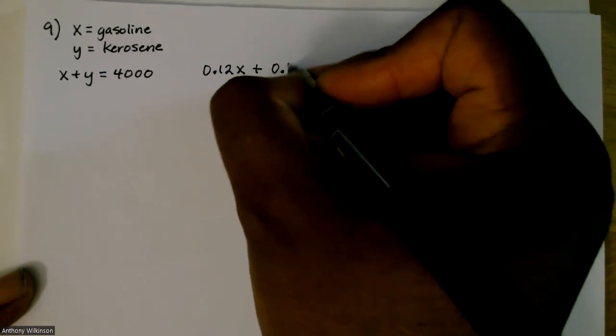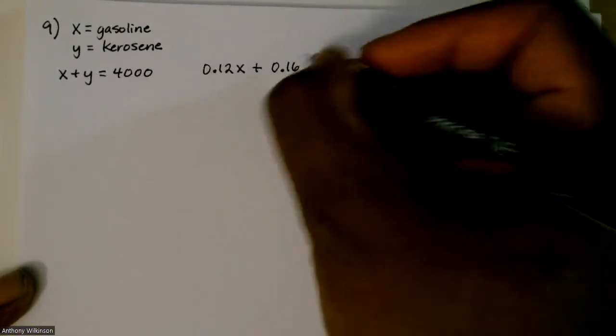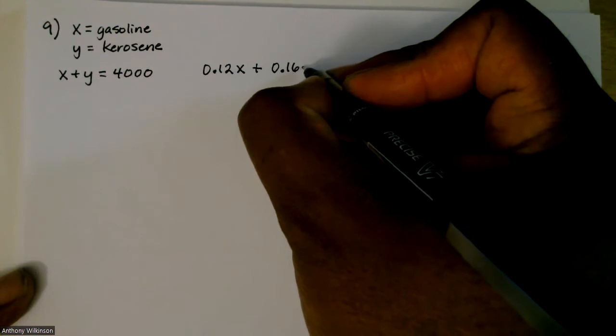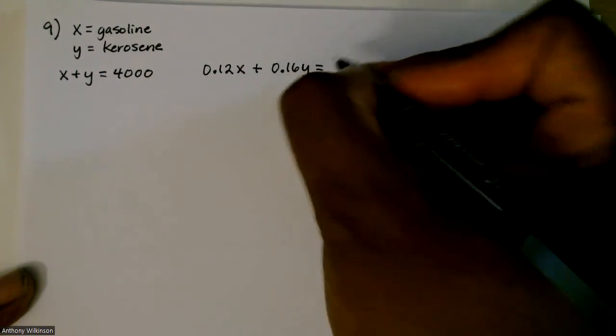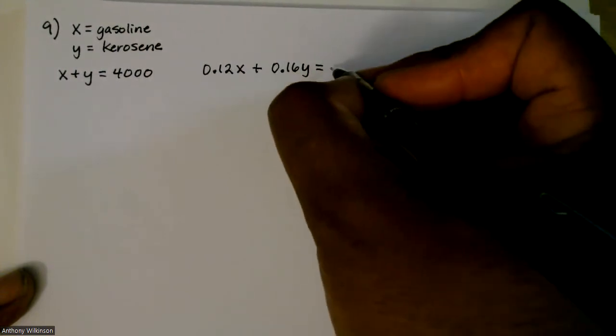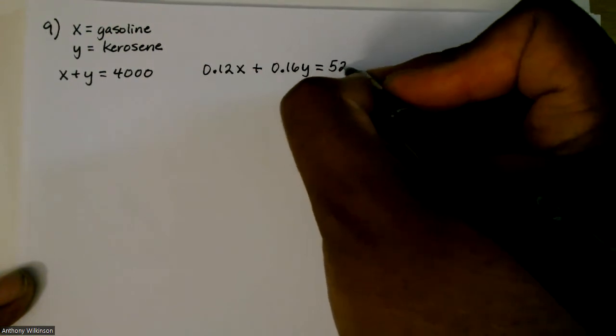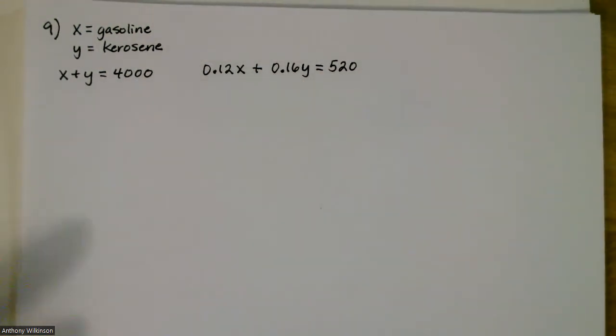So that would be 0.16 times the number of gallons of kerosene. That's Y. And that will total out to be the total profit of 520. So here's my second equation, 0.12X plus 0.16Y equaling 520. Now we're going to use this to solve for X and for Y.